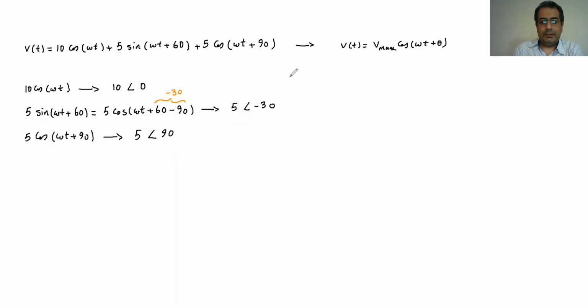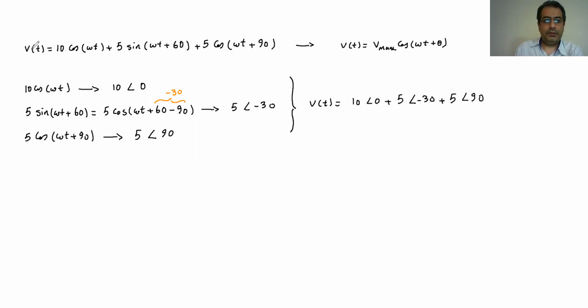If I put these three together, now I'm going to write the Vt in the form of the phasor. So it's going to be 10 with angle of 0 plus 5 with angle of negative 30 plus 5 with angle of 90.